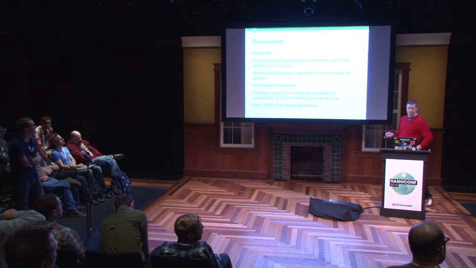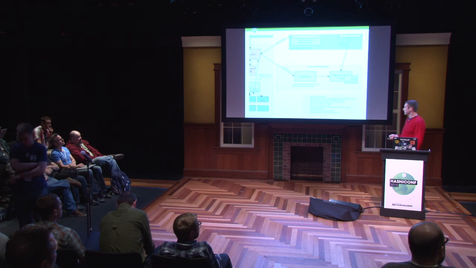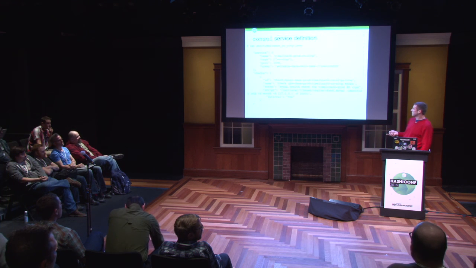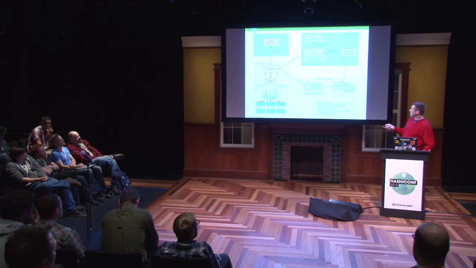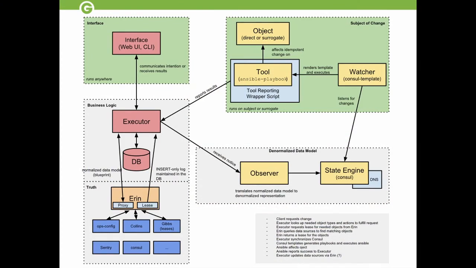Yeah, actually, this is Jerry, one of my coworkers, who helped build and design a huge chunk of this. So one of the important things: if we have denormalized state information that we store in Consul, the executor passes back and queries Aaron.